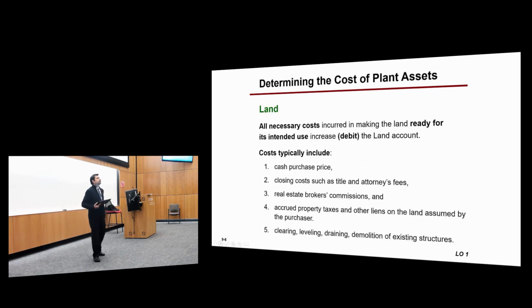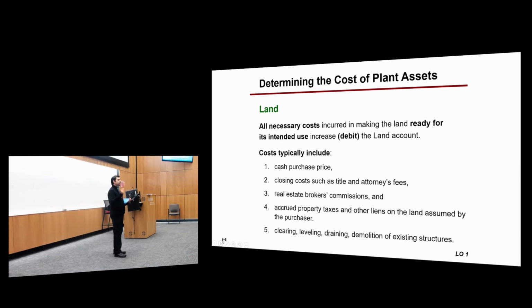The first one is land. So when the company purchases a land, they will include in the cost basically all the costs that were associated with preparing it for its intended use. So for example, if the land had some trees and you need to use the land later on just as an empty lot, you would have to cut all these trees.